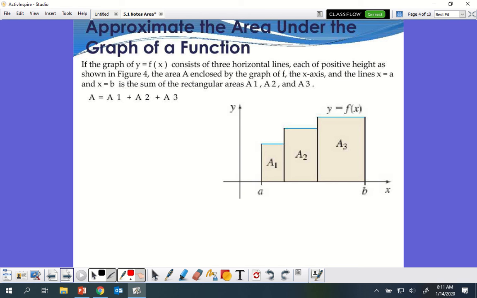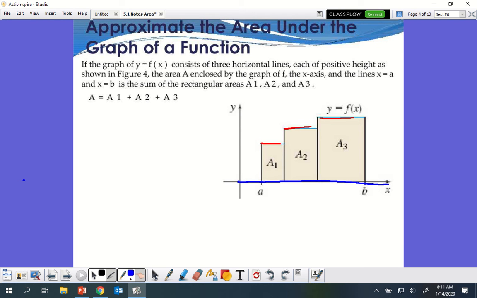And the x-axis, so it's enclosed. That means my graph actually keeps going down to negative numbers, doesn't it? So yes. Good. When I'm doing this, it's enclosed by it, so that means that it stops there.